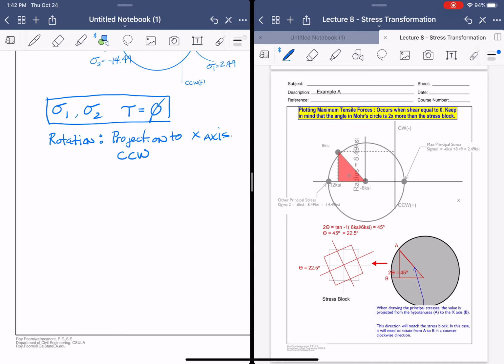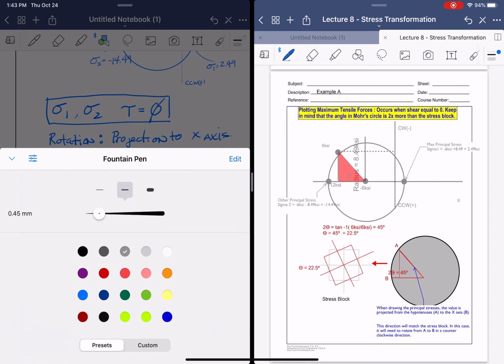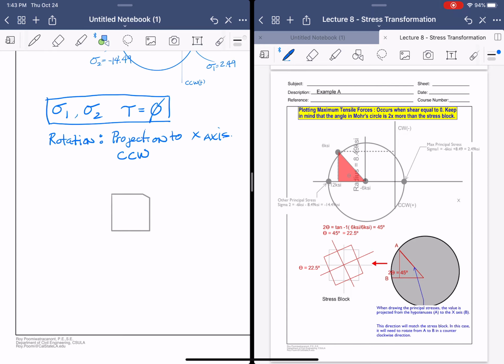It's an ugly block, sorry, it's not perfect. That allows us to rotate it in that direction, which is counterclockwise. So that block will rotate in that direction. Okay?